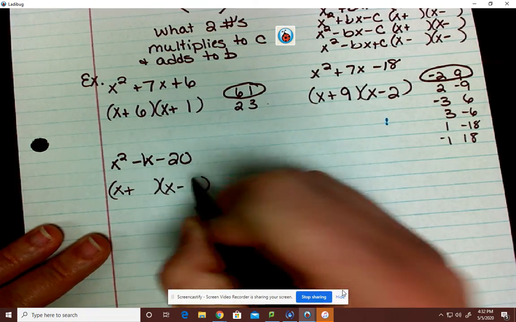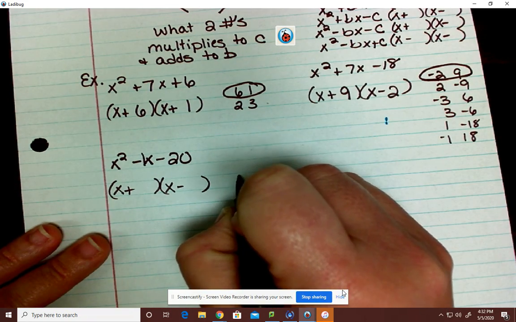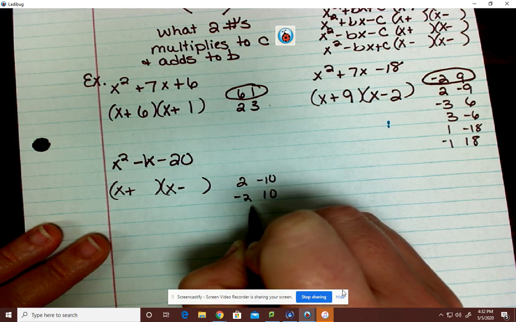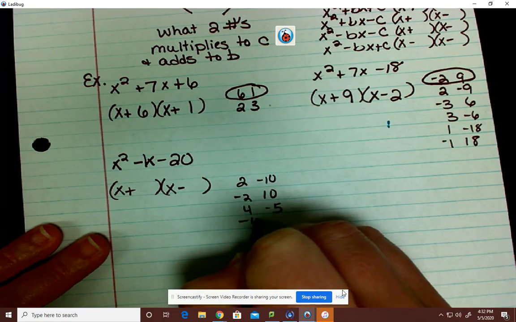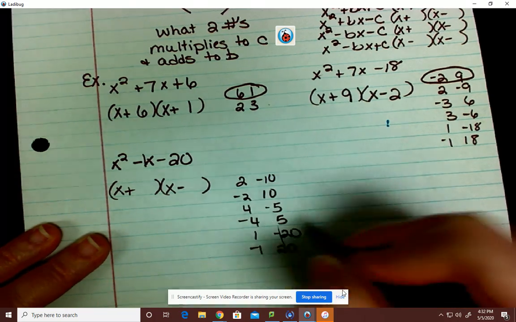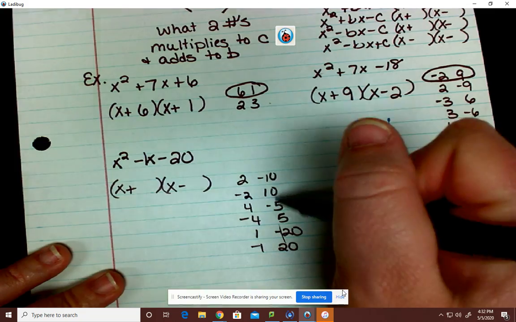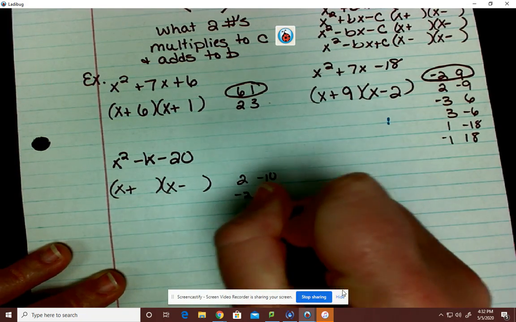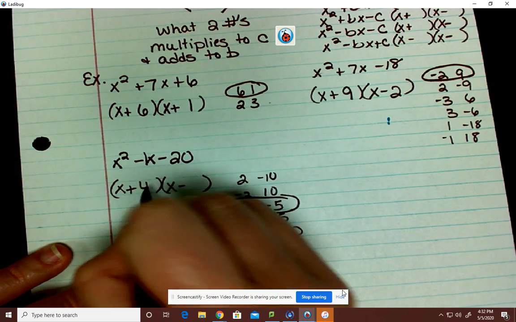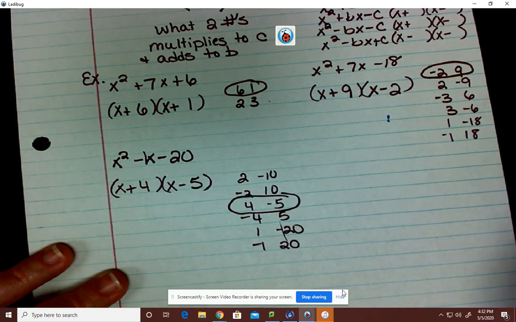And they're opposite in sign. So we're looking at like 2 and negative 10, negative 2 and 10. 4 and negative 5, negative 4 and 5. 1 and negative 20, negative 1 and 20. Those are the things we're going to be looking at. So we look for which one adds to negative 1. And that's going to be 4 and negative 5. So we put the 4 with the plus, the 5 with the minus.